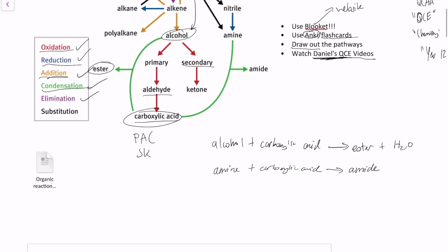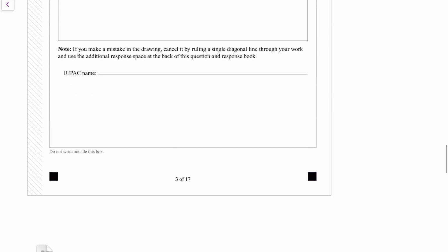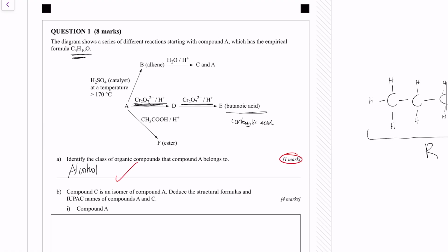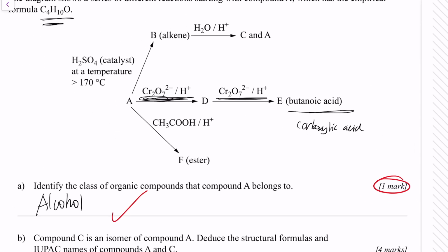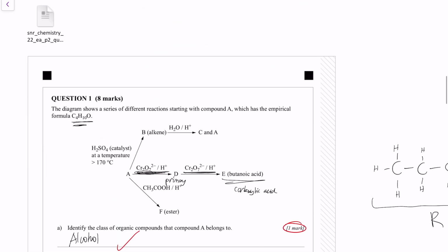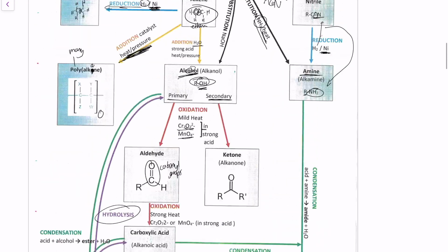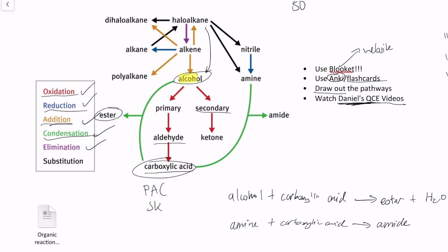And we learned from the very start that oxidation is from an alcohol, either a primary alcohol or a secondary alcohol, and then from a primary alcohol, it would become a carboxylic acid, which is this step here, which is E. And so it makes sense that D would be an aldehyde, and then A would be a primary alcohol, because we basically have 2 oxidation steps, which mimics this entire step right here in the pathway in yellow.